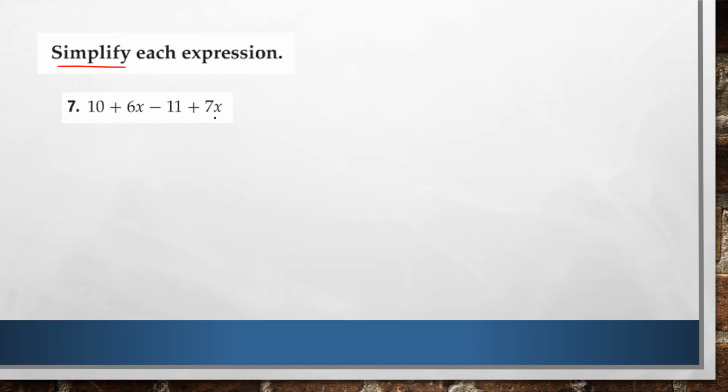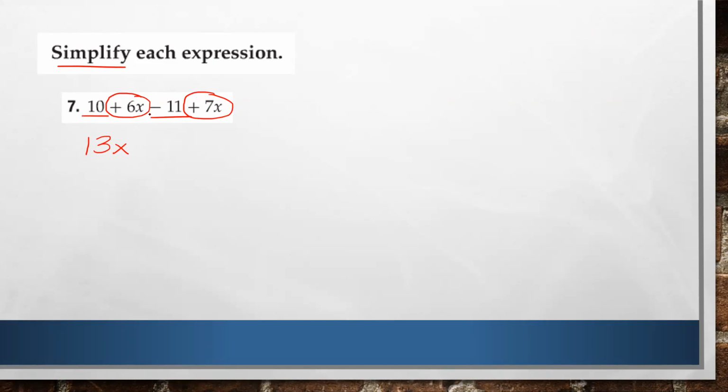So first thing we need to do is to combine like terms, okay? So I see plus 6x and I see plus 7x, okay? So if I have 6 x's and I add 7 more x's, that is 13 x's, okay? And then I have 10 minus 11, okay?